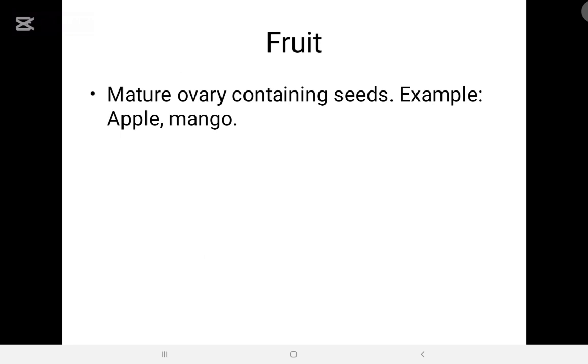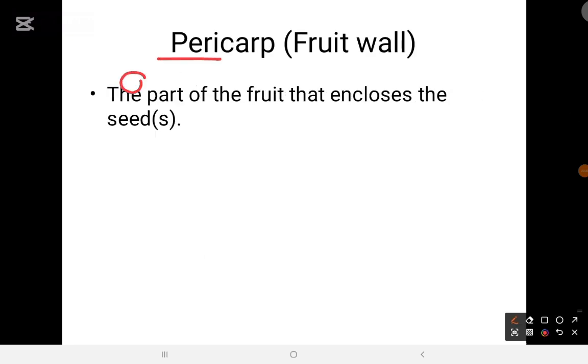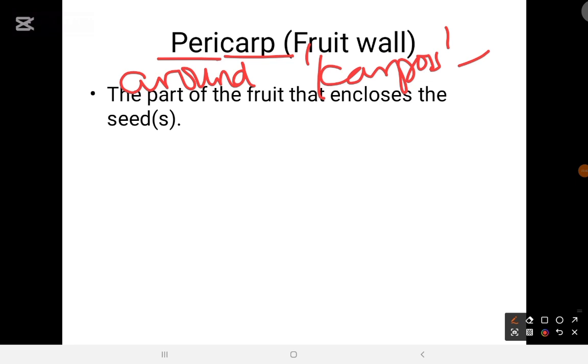Peri means around or surrounding something, and carp is from the word carpos, which is a Greek word for fruit. Just like you hear perimeter: peri means around, meter means measure, so measurement of the surrounding, the border.